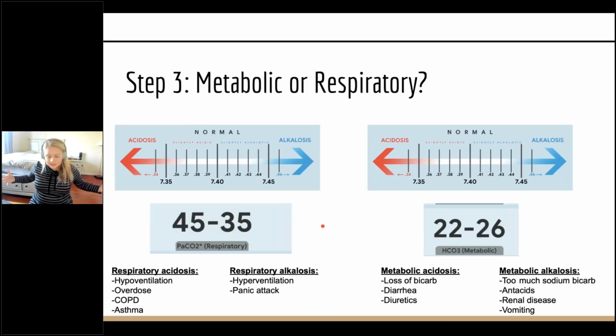When we have a low CO2, we're blowing off all this CO2, getting rid of it, hyperventilating, a panic attack. That's the classic NCLEX example, okay? Remember that, panic attack, hyperventilation, low CO2, high pH. That's a respiratory alkalosis, yeah? All right, so you look at that pH, you match it up, whatever it correlates with, that's your problem.